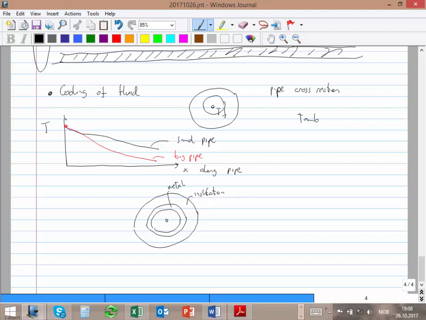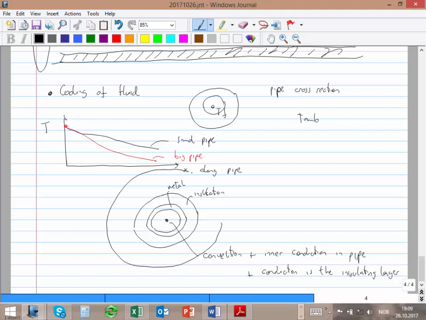So you have these words that you learned in your studies: inner convection plus inner conduction in the pipe, then conduction in the insulating layer. It might also be that the pipe is buried, so you also have heat transfer through the earth, through the soil, and at the end you have the T ambient.